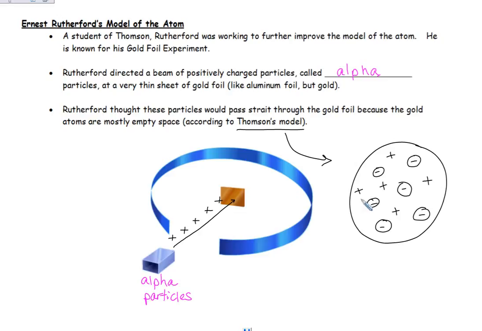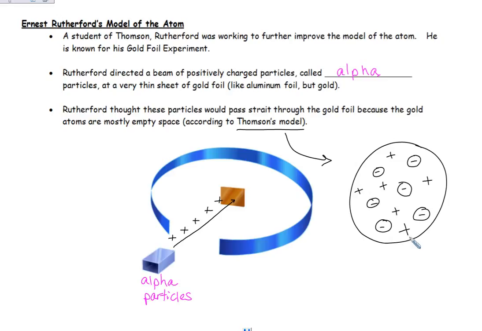I don't really know what it is, but there must be something that's positive in there to make the atom overall neutral. I did not count my positives and negatives. 1, 2, 3, 4, 5, 6. There's probably somebody that's like, well, that's not neutral. Oh, there it is. Now I have the same number of positives and negatives.